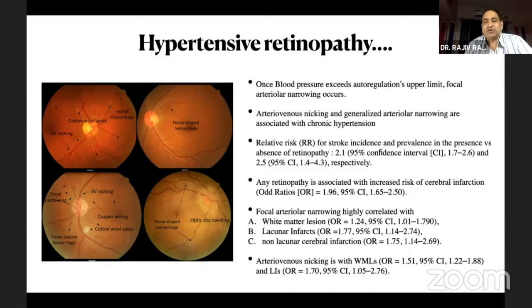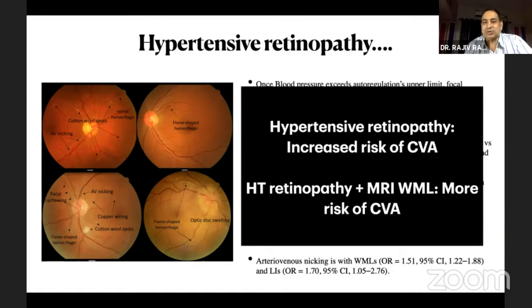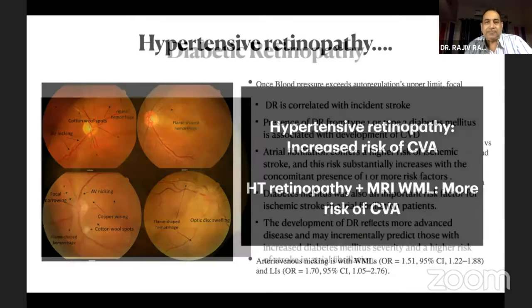The risk of stroke, both incidence and prevalence, is high in people who have hypertensive retinopathy. But if a person has hypertensive retinopathy plus MRI changes like white matter lesions or infarcts, definitely they have a much higher risk. So hypertensive retinopathy increases the risk of cerebrovascular accidents. However, with the presence of MRI lesions, there is definitely much more risk of CVA.